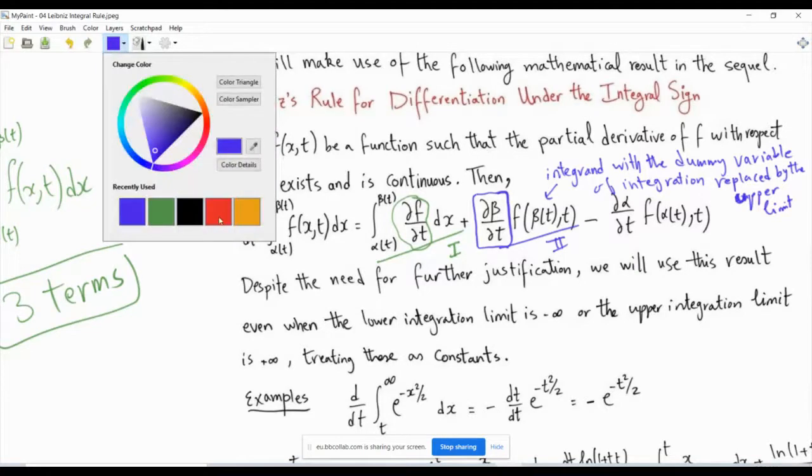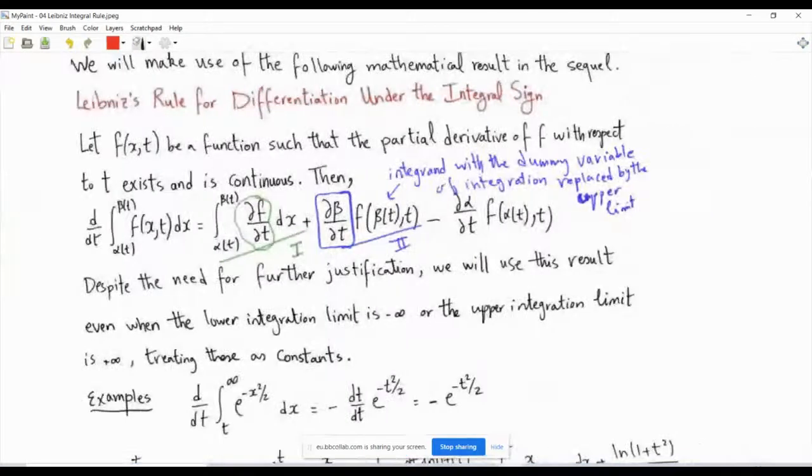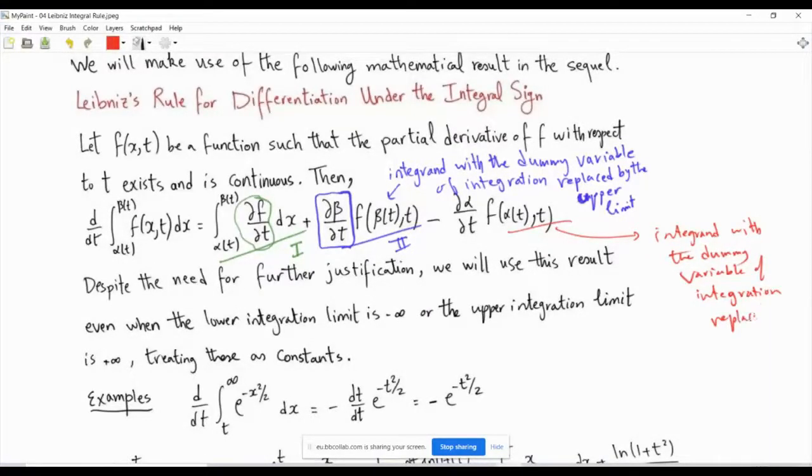Okay. And then the third term is, again, not an integral; it is the integrand with the dummy variable of integration replaced by the lower limit, which is alpha of t, and then you need to multiply by the partial derivative of alpha with respect to t, and then there is a minus sign.